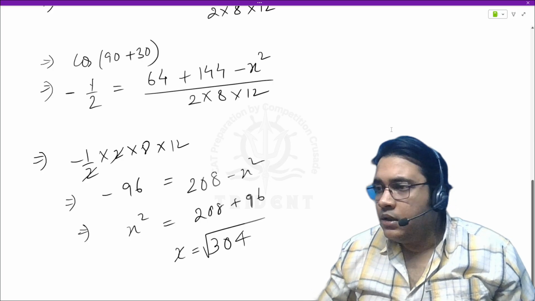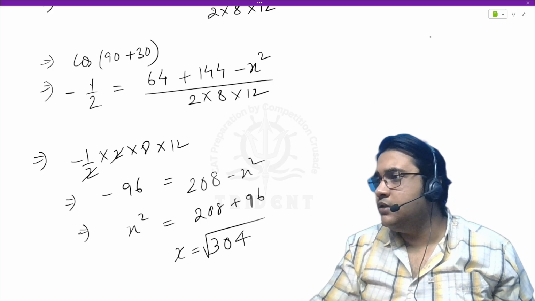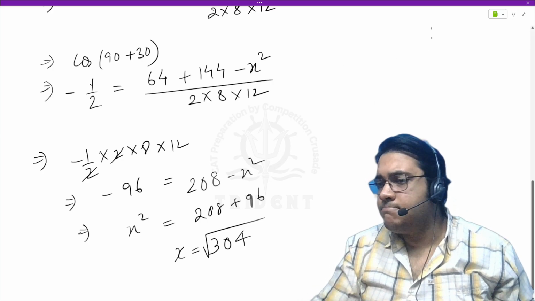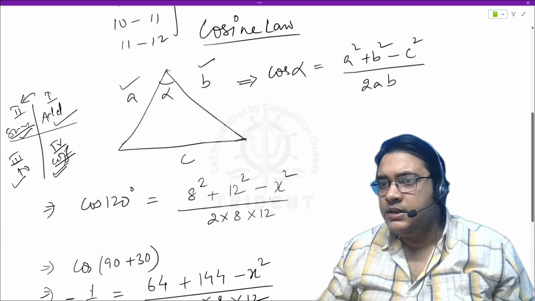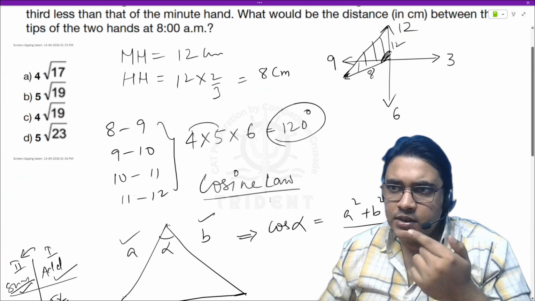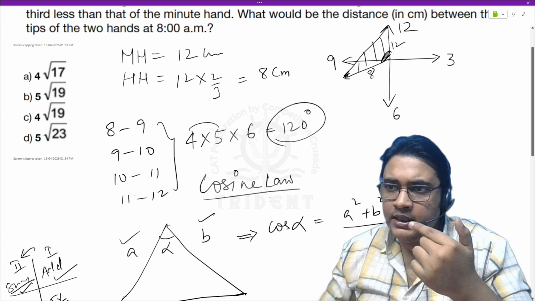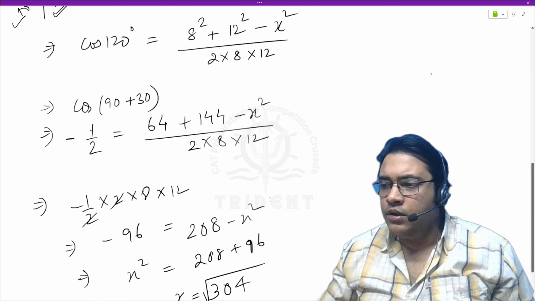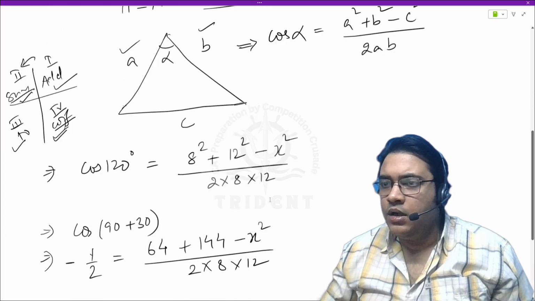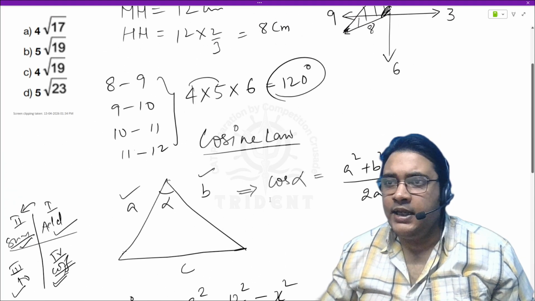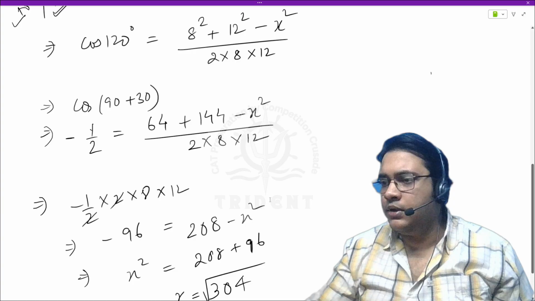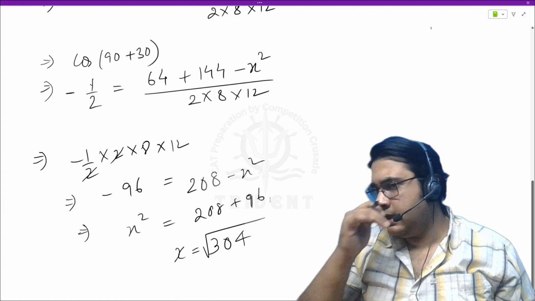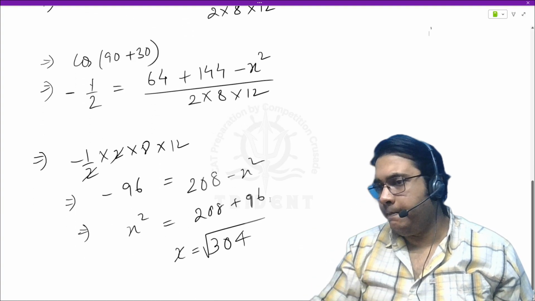Okay. Now, what is 304? If I'm not mistaken, the options have 17, 19, 23. 304 will not be in the table of 17. So we have 19, 19 and 7. So I'll use 19 only. So 304, I'll try to take away 19.